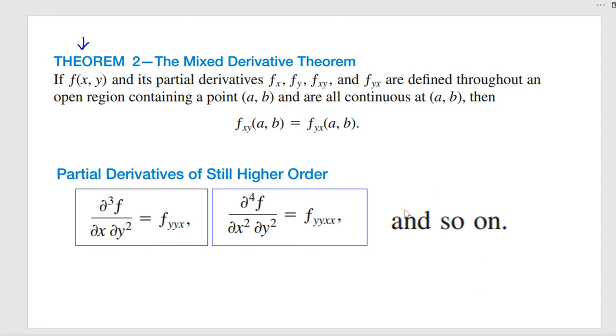In this theorem, it is said that when the first order partial derivatives and the second order partial derivatives are defined throughout the region, and also they are continuous at that point. At that particular point, they should be continuous. Otherwise, it is not possible for them to be equal. So, if they are continuous, then only we can claim that this is equal.